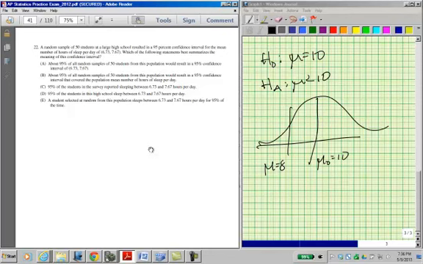I mean, the interpretation of the interval should be, we are 95% confident that the true average number of hours of sleep per day for students is between 6.73 and 7.67. But B is the best answer, so we got to go with that.